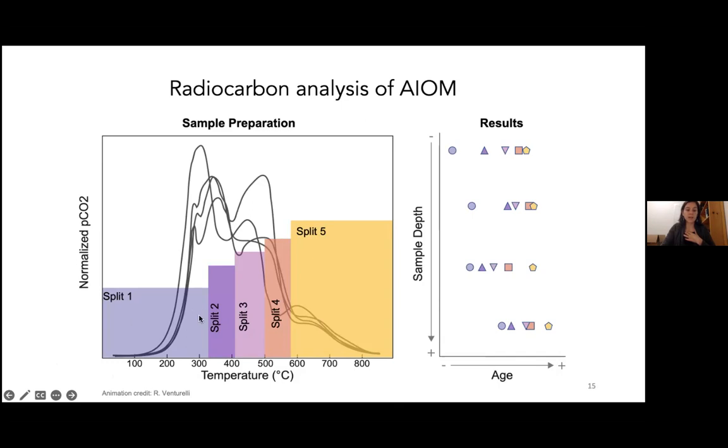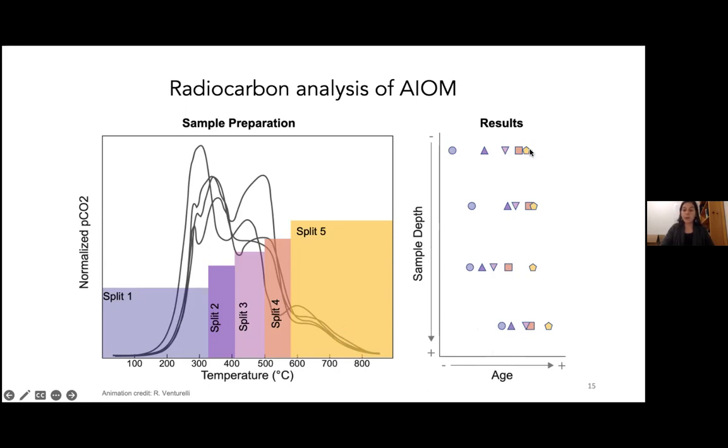So you can see that, once we've taken this split, again, we're shooting for 10 to 15 micromoles of carbon. Those splits can be sent off for dating, and those dates you can see are spread out throughout the age. I don't have exact ages here, but you can see that the first split, the youngest, most reactive material, has a lower date, whereas the older stuff coming out at the higher end of the temperature ramp is much older.